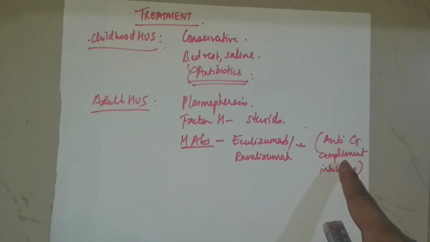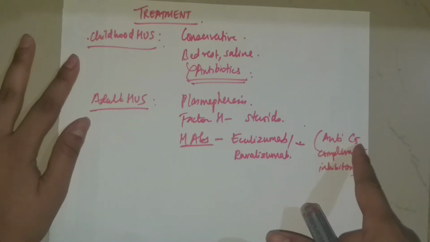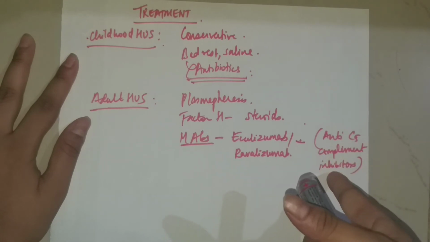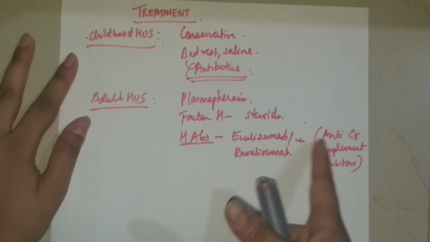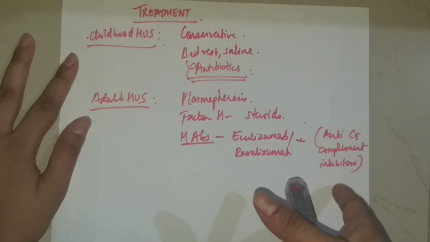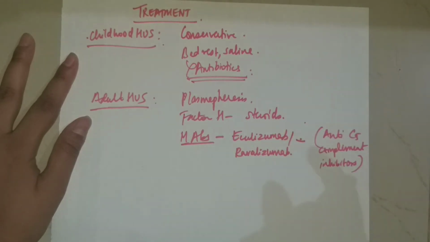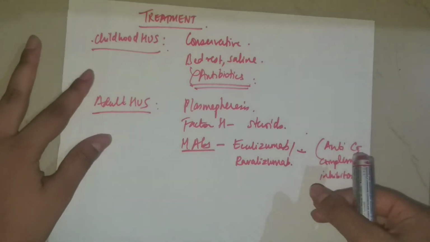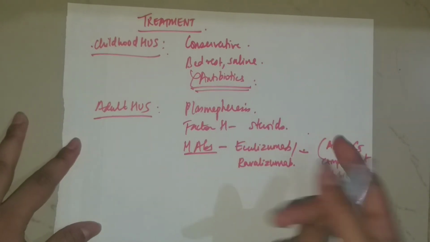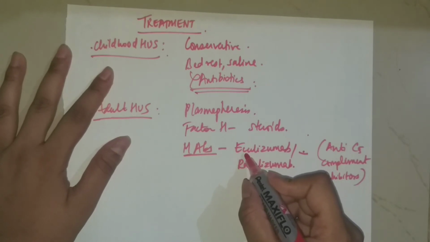So that is basically the complement pathway. C5 is getting overactivated in the complement pathway, right? So eculizumab is a C5 complement inhibitor, so it will prevent the formation of that complex, and hence it will prevent the activity of the complement pathway which is overactivated, which has caused the symptoms.